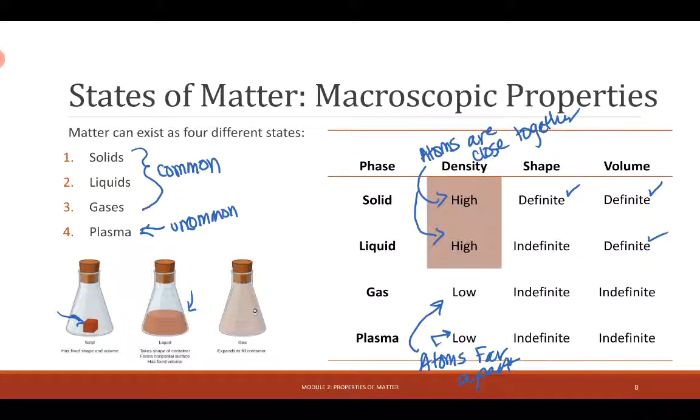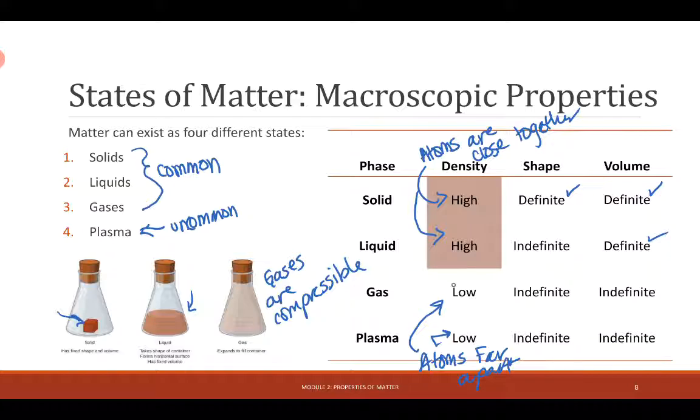Now, the gas, they can move past one another and fill the entire container. So a gas expands to fill the entire container. But since the atoms are far apart, gases are compressible. And so that means that we're able to push on these gas molecules in order to push them into a smaller volume.